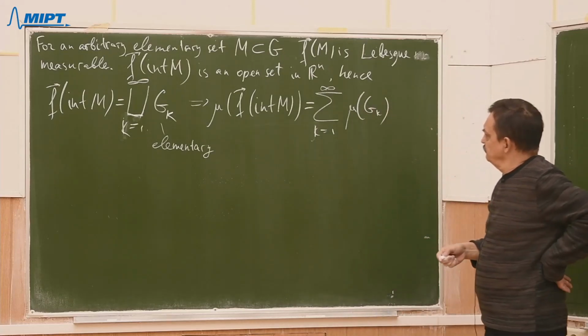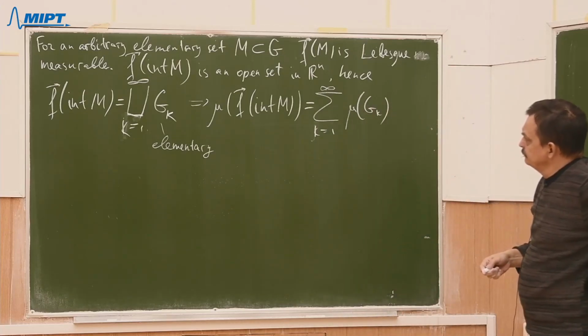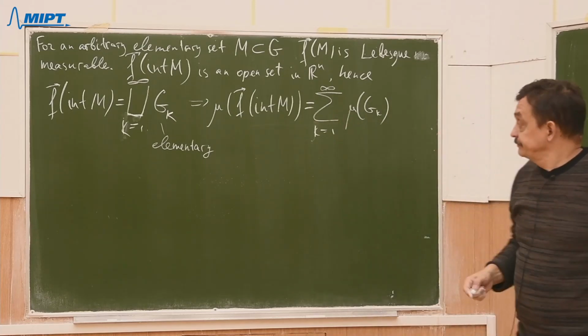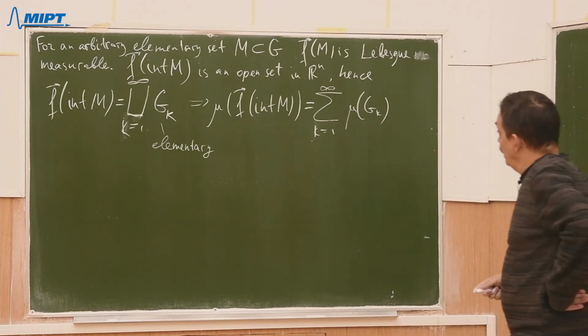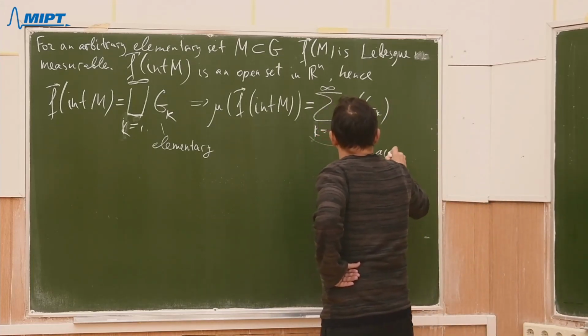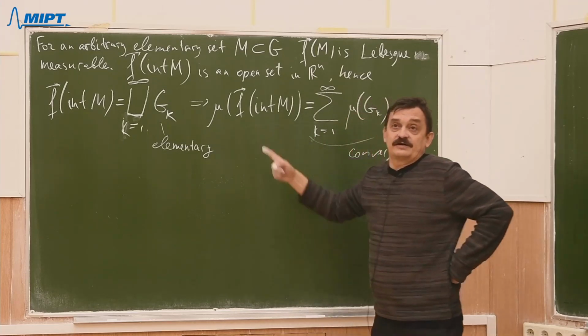Here we could write volumes, but it doesn't matter. So the series converges, because it has a finite sum.